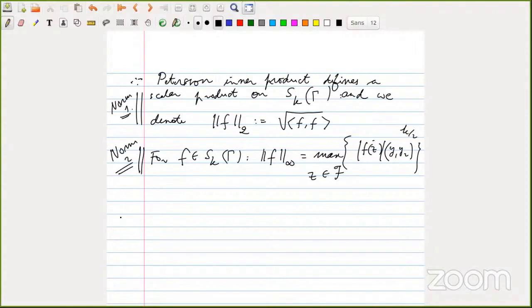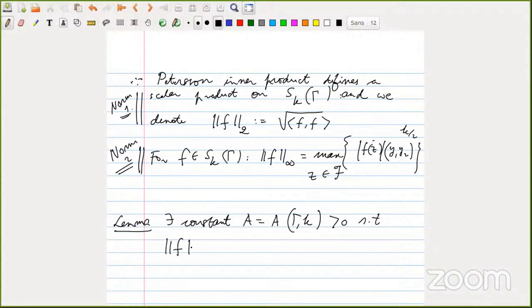So here is a lemma. There exists a positive constant A, which is going to depend upon gamma and k, such that the infinity norm of f is less than or equal to A times the 2-norm of f, for all f inside S_k(Γ).